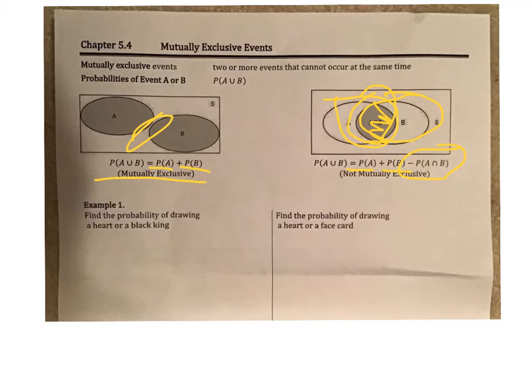So just an example here, first we're going to look at mutually exclusive events. For example, if we had a pack of playing cards, so 52 cards in a pack, the question was find the probability of drawing a heart or a black king. So let H be picking a heart, and BK be picking a black king.